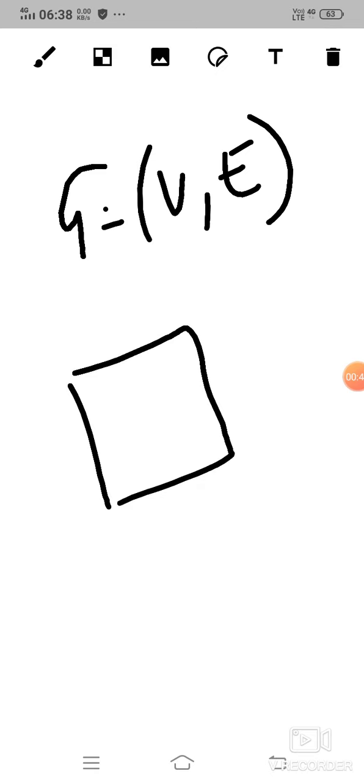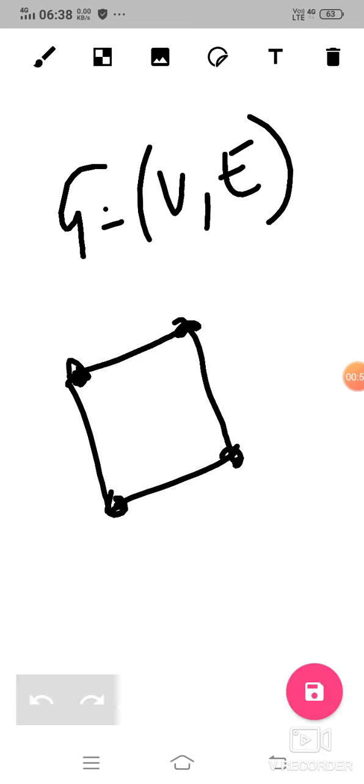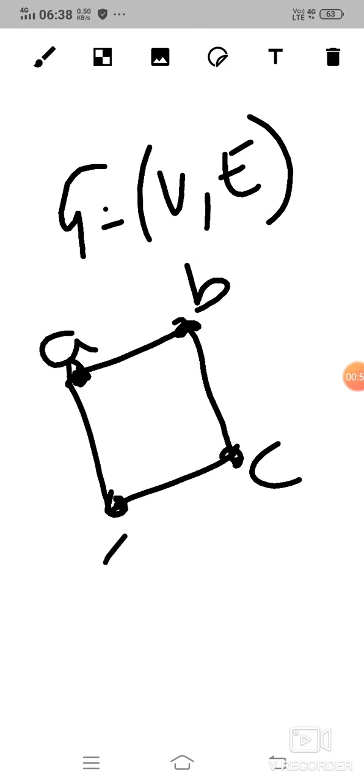So a graph G equals V, E, where V is vertices and E is the set of edges. Just see a square. We know this is a square, but in terms of graph theory, here A, B, C, D are all the vertices and the edges are AB, BC, CD and DA.